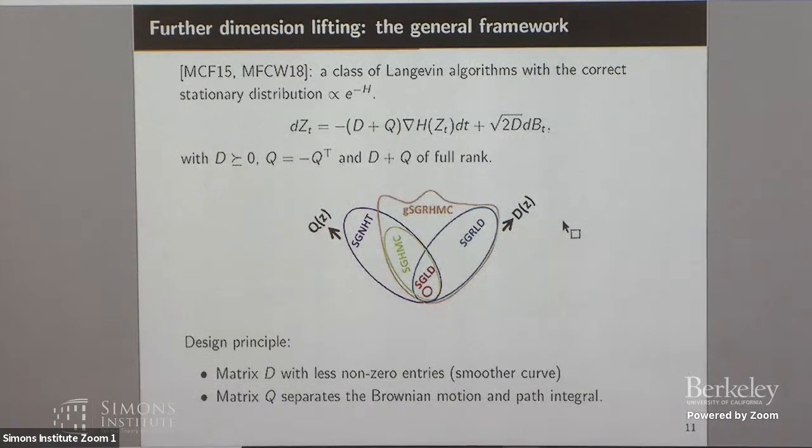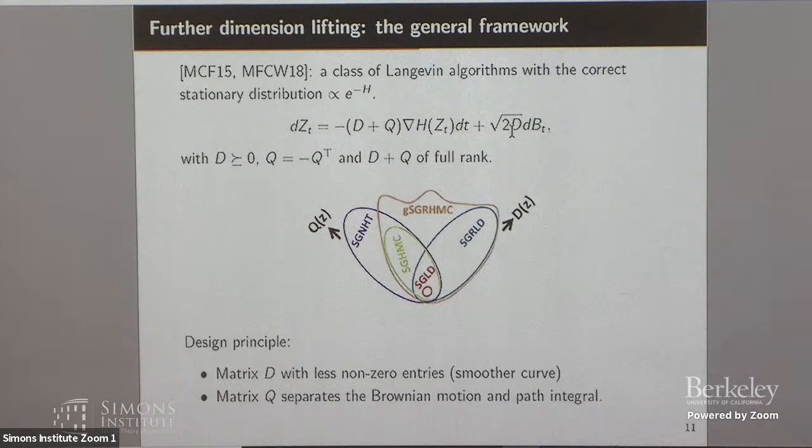The principle for designing such a diffusion process is that first we want D to have as few non-zero entries as possible, because if the D process has a lot of non-zero entries, then you get injected with more noise, and this noise can make the path less smooth and harder to discretize.